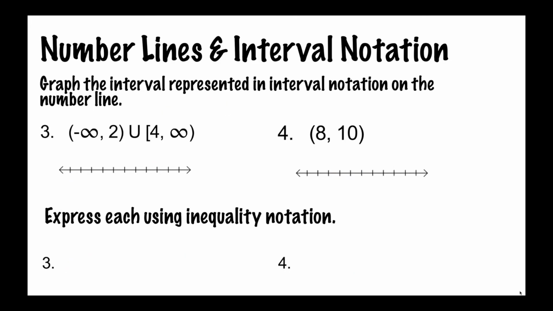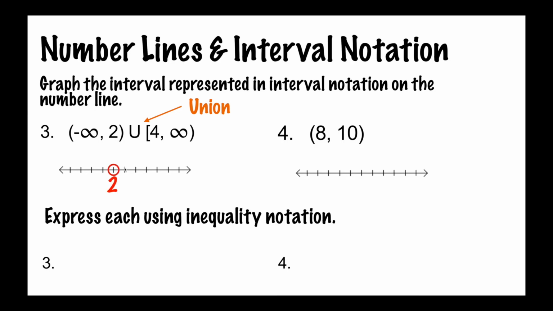And now when we look at examples 3 and 4, for number 3, I have two separate parts. So again, I know that this is going to show up as two separate parts here. It's also going to show up as two separate parts when I write the inequality notation here, separated by the word or. So on this side, when I start by talking about 2, I am going to have an open circle since that's a parenthesis. So I can start with that open circle and write in the number 2.